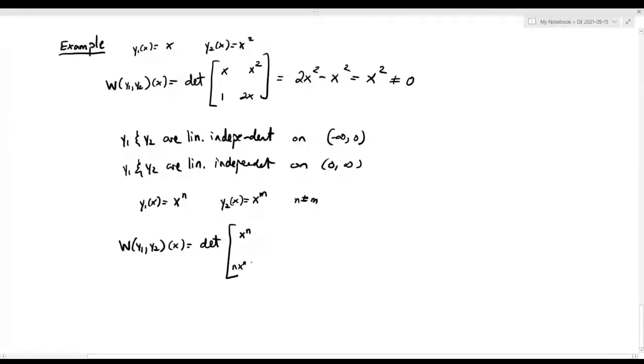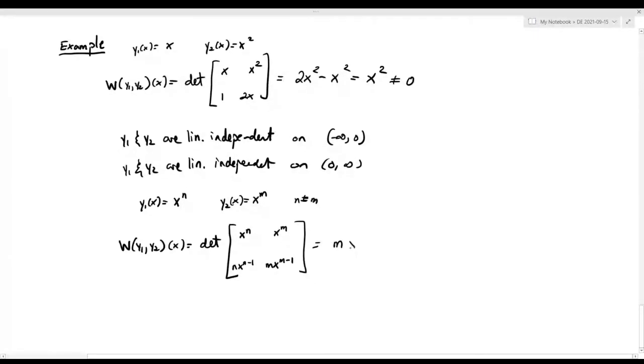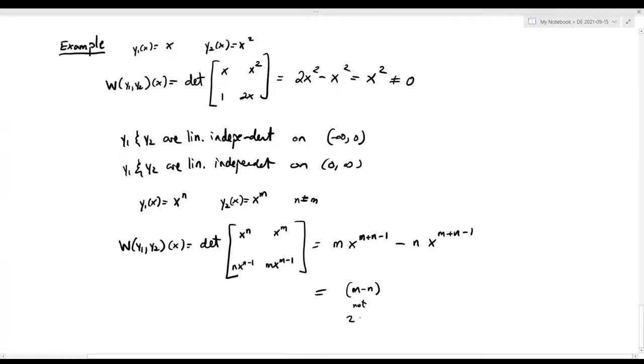y1 and its derivative, and then y2 and its derivative. Compute the determinant, and we see that since m and n are different, this is not 0.